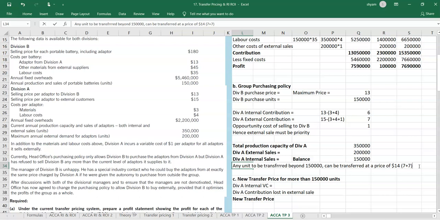So totally it would be better for them to charge 14. If it's at 14, I don't think it's much of a problem, they can supply any number of units. Even the entire units can be supplied.